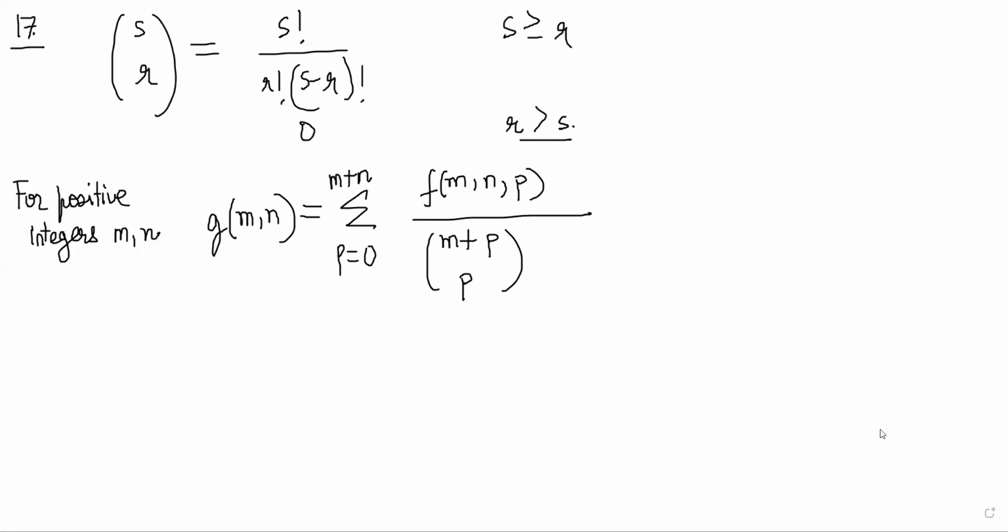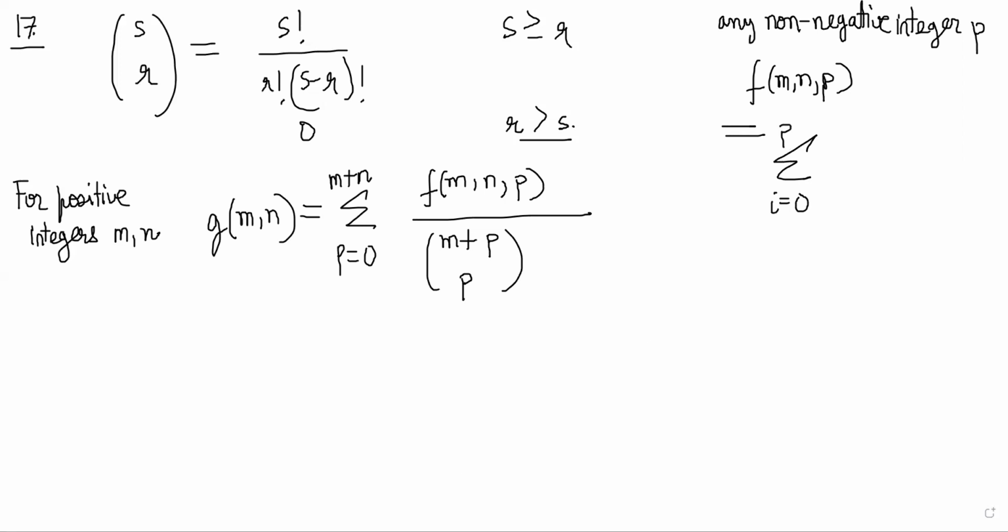And then they are saying that for any non-negative integer P, F of M N P is defined as the summation, I goes from 0 to P, of M C I, N plus I C P, and P plus N C P minus I, correct? Yes.